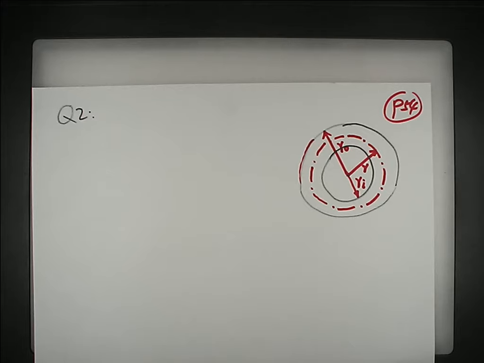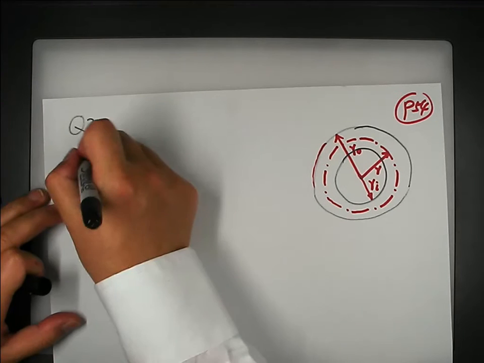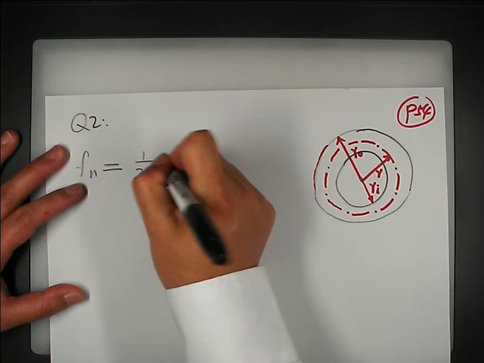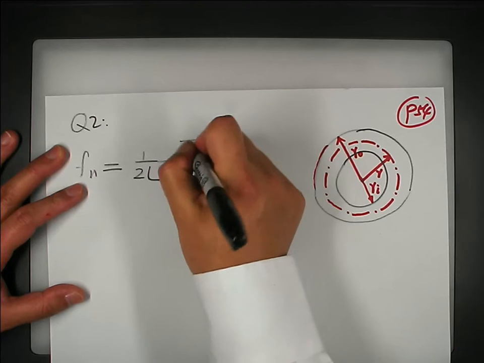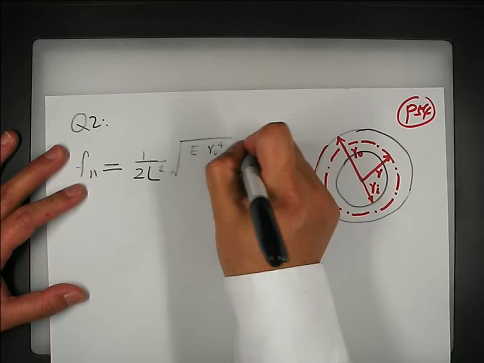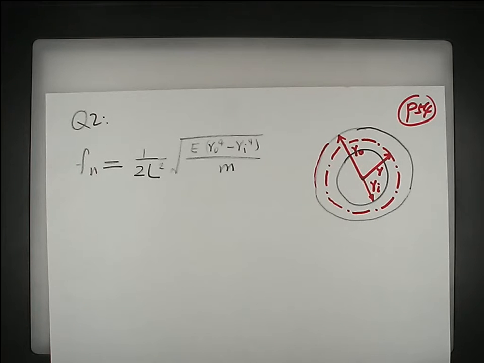Its natural frequency f can be calculated by using such an equation: f equals pi over 2L squared, times square root of E times Ro to the power 4 minus Ri to the power 4, over M. The first R is Ro, Ro power 4, then Ri power 4.